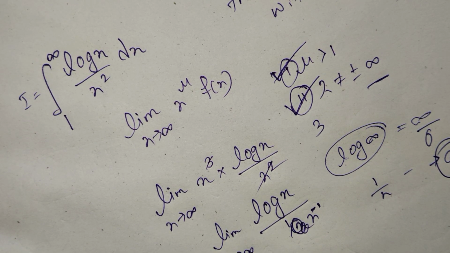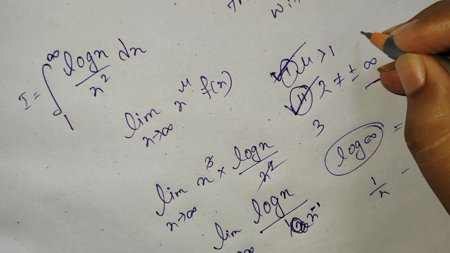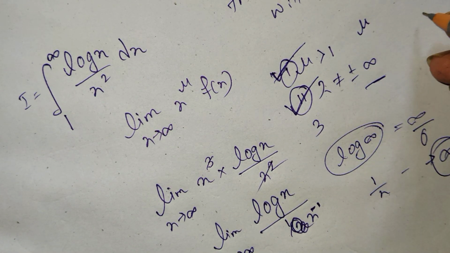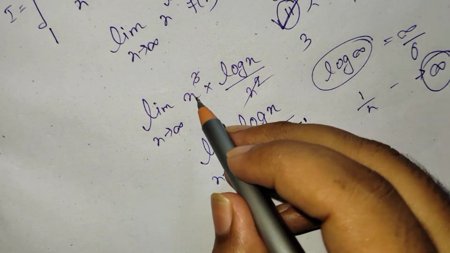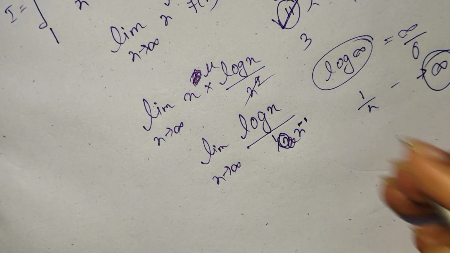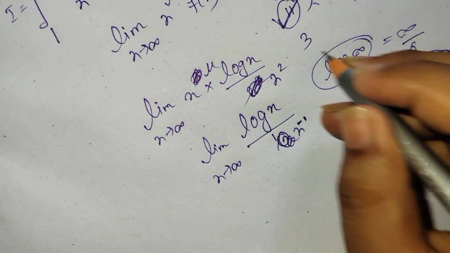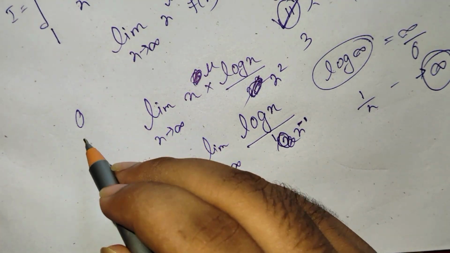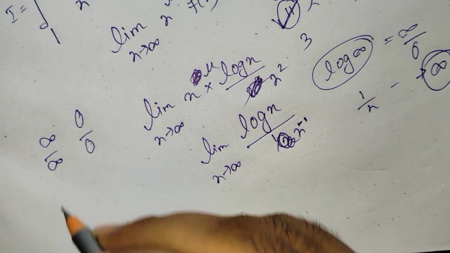In that case, the main thing is we have to choose mu so that the limit will exist. And when will it happen? It will happen when we see something like 0 by 0 or infinity by infinity format.